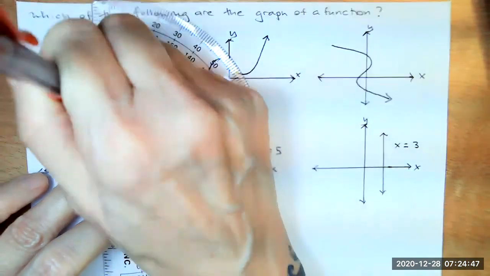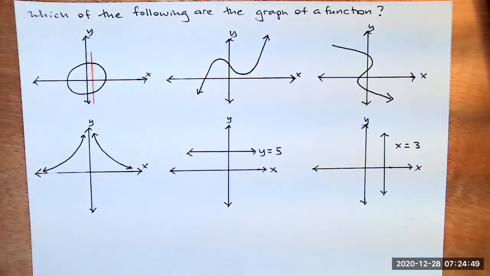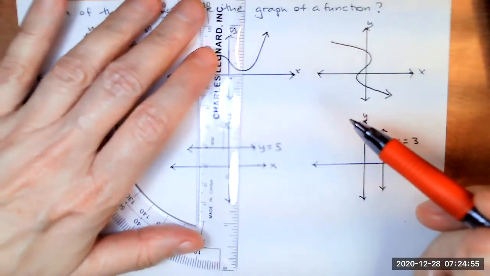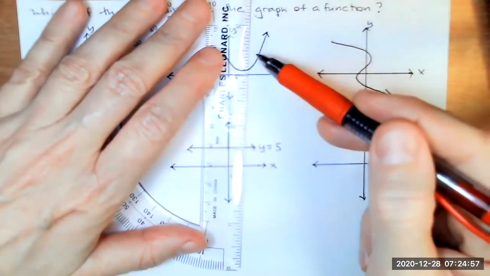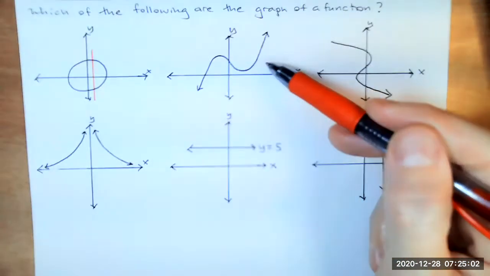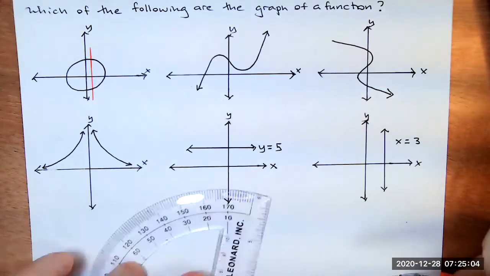So this one is not a function. This one, you try any vertical line, it only touches it once. So this is a function.